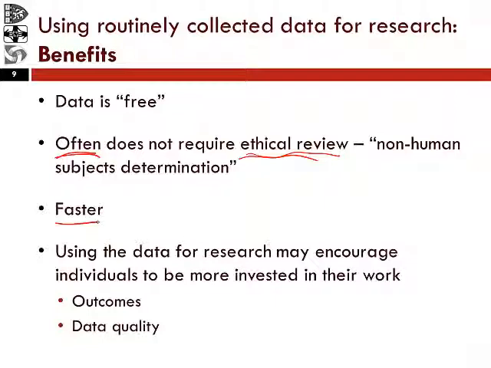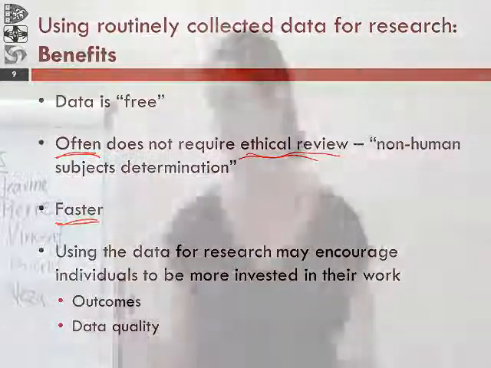Generally, using routinely collected data is faster. It already exists. You don't need to design surveys and questionnaires. The data is sitting there. And then there is this circular benefit between using routinely collected data and improving quality of work.